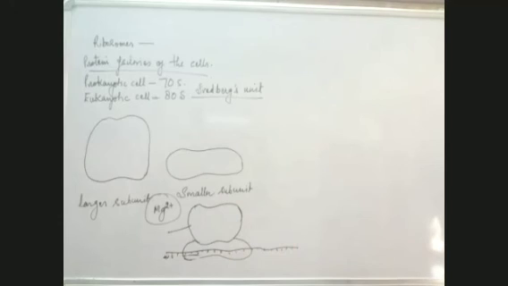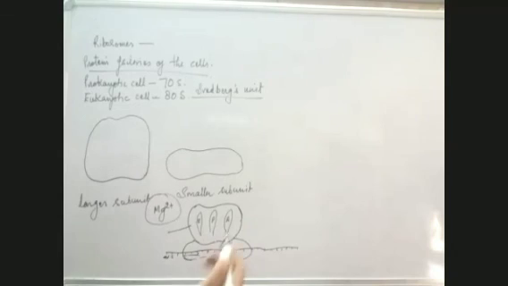Now, one more very important thing. The larger subunit has three sites. This is the E site, this is the P site, and this is the A site. The three sites are present on the larger subunit: E, P, A. A is the acceptor site, P is the peptidyl site, and E is the exit site.